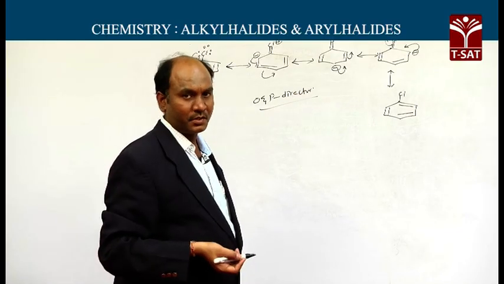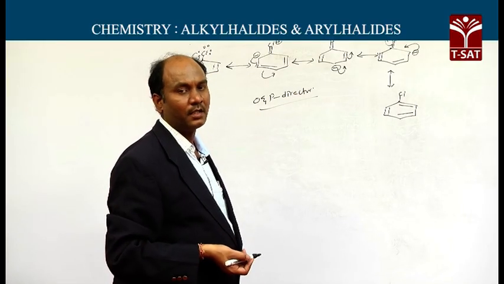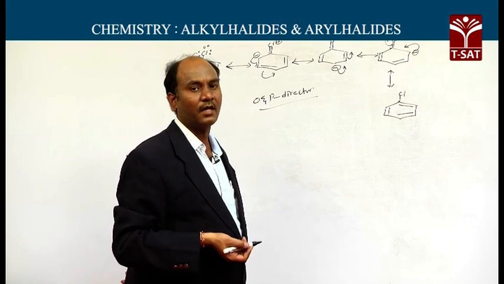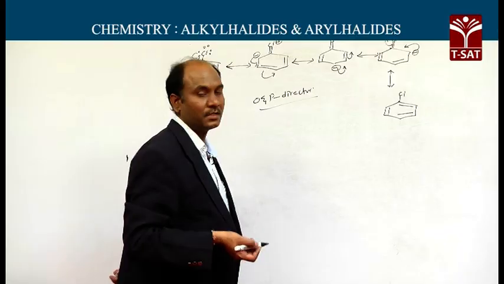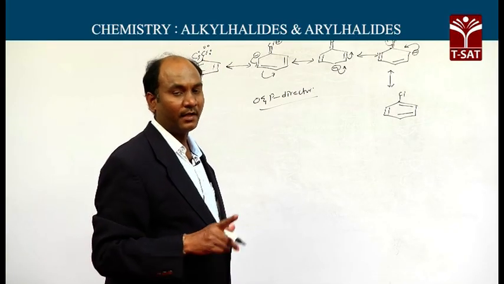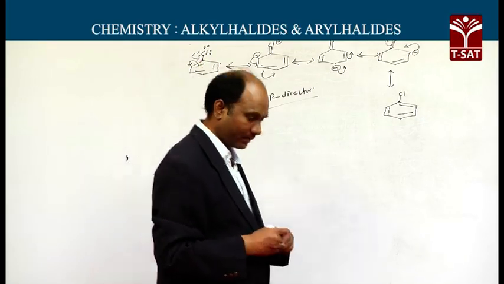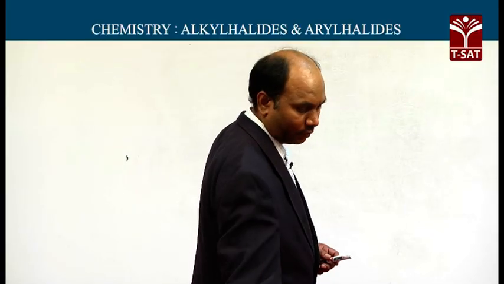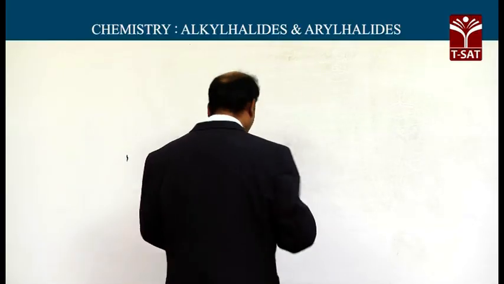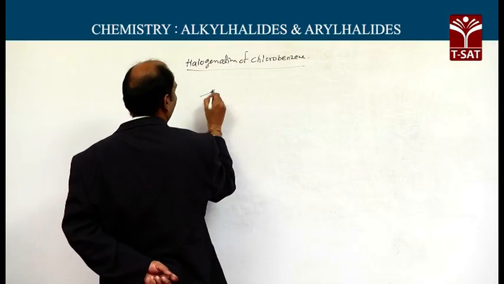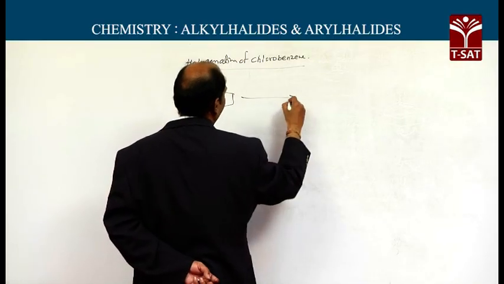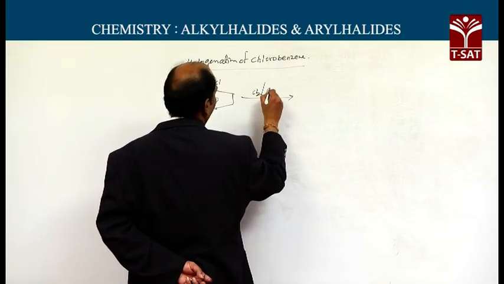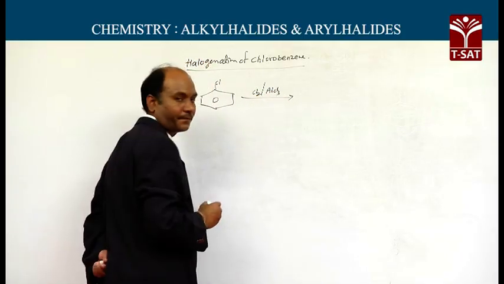If an electrophile approaches chlorobenzene, what happens? That electrophile attacks at ortho and para positions. So in chlorobenzene, a new electrophile never attacks at the meta position. Suppose chlorobenzene is treated with halogenation, with Cl2 in the presence of AlCl3.